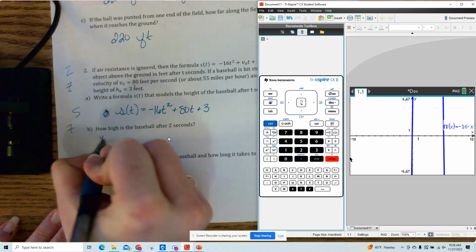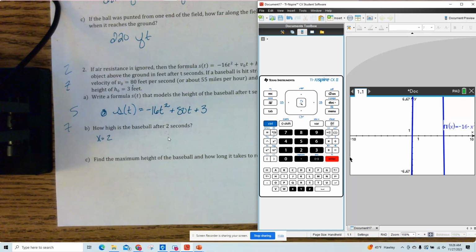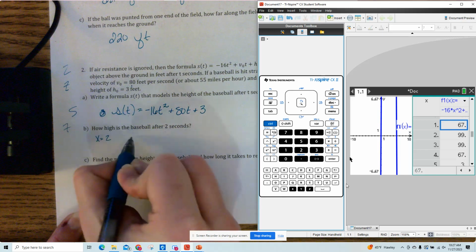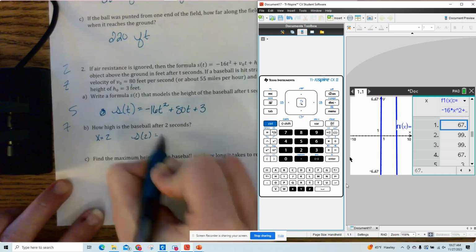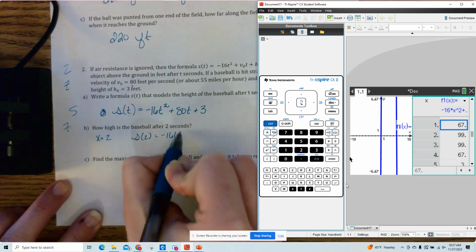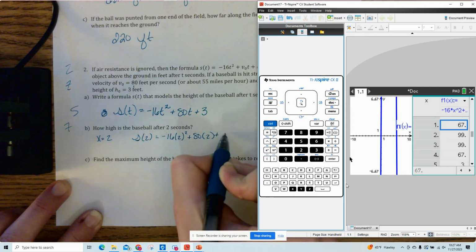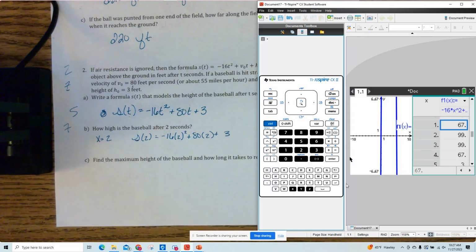X. So I'm looking for when x equals 2. You got two options here. You can pull up the table, Control T. So that'd be f of 2 equals. It would be s of 2. So it would be something like s of 2 equals negative 16 times 2 squared plus 80 times 2 plus 3. That's how you would work it out by hand.